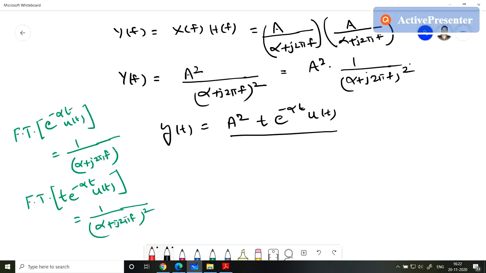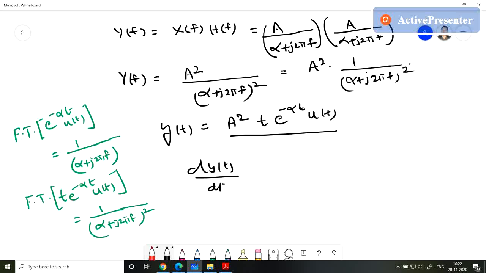Now for this y(t), for sketching the plot, we need to find the maximum value of y(t). To find it, we differentiate y(t) with respect to t.